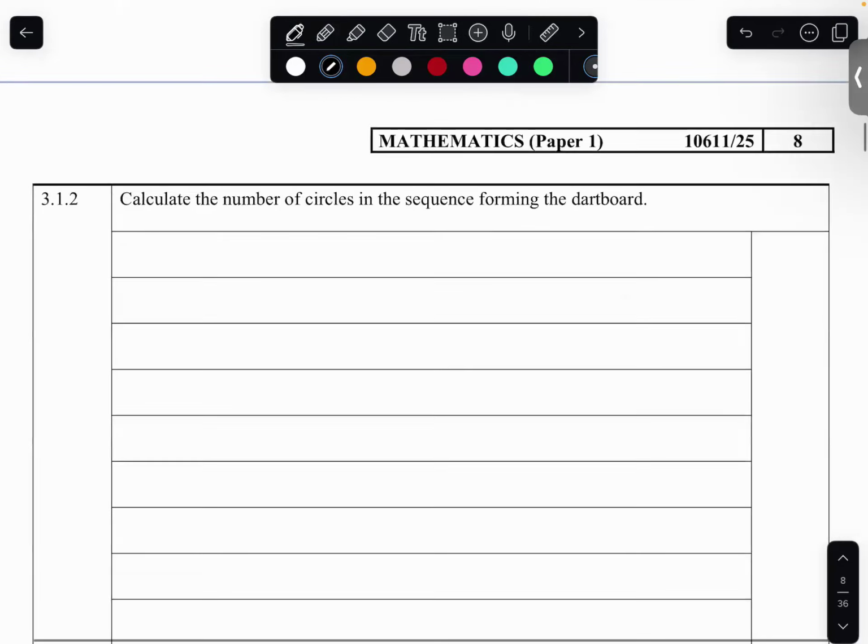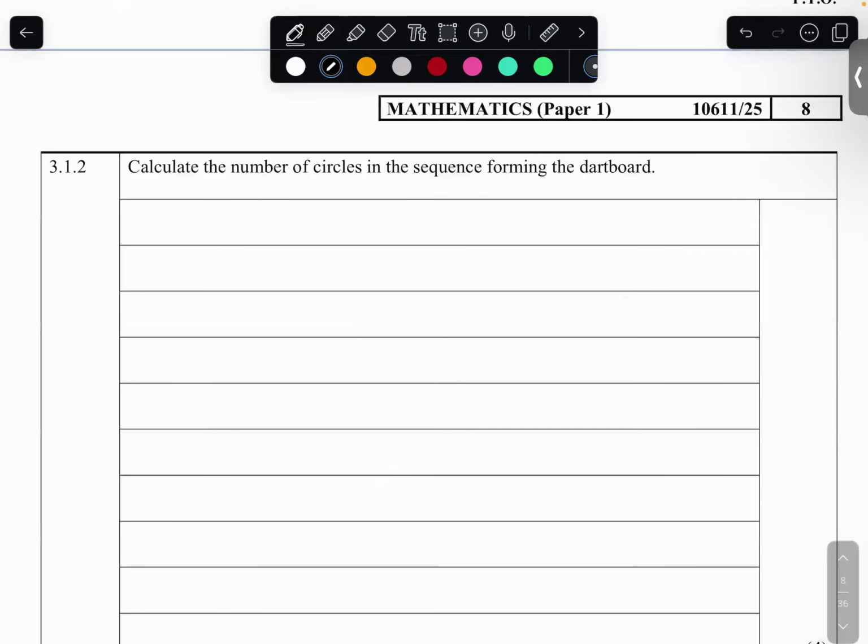There we go. Next, calculate the number of circles in the sequence forming the dartboard. Okay, so here's the thing.